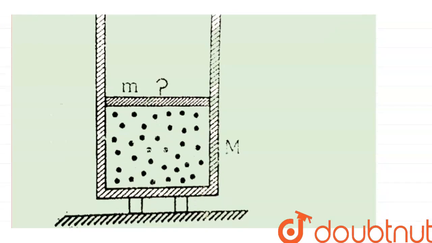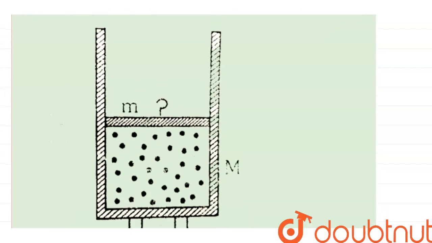So this is the initial state. In the initial state, let's say the pressure of the gas is P1.